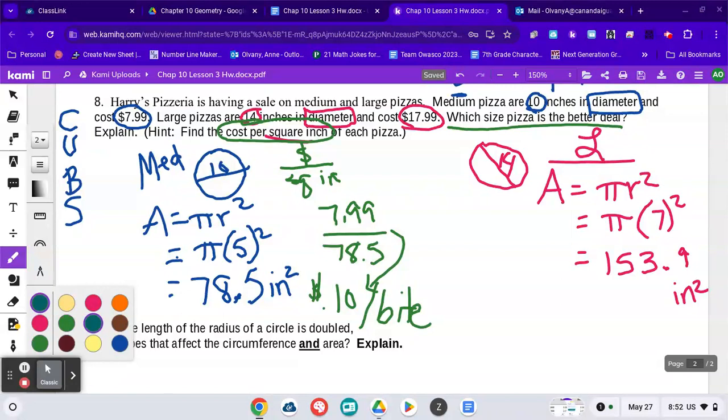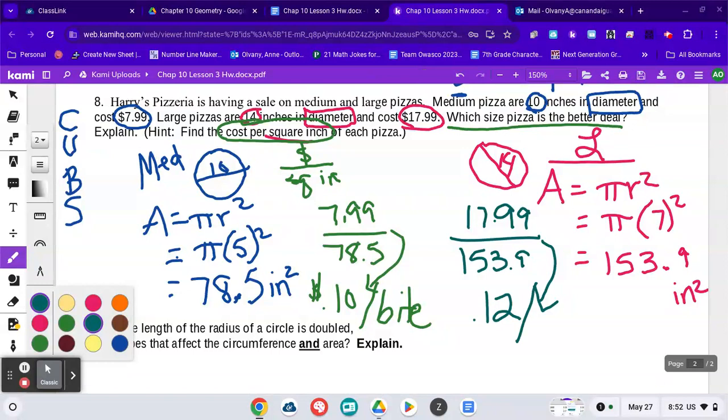So now I'm going to come over here and do the $17.99 for the 153.9 square inches. I'm typing this into my calculator here. That is going to be 12 cents per square inch, which is 12 cents per bite.